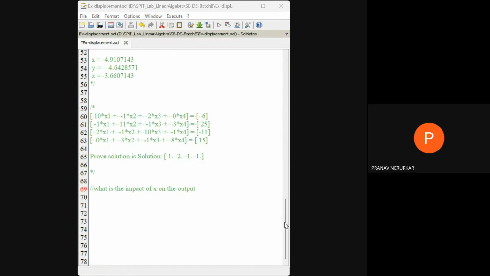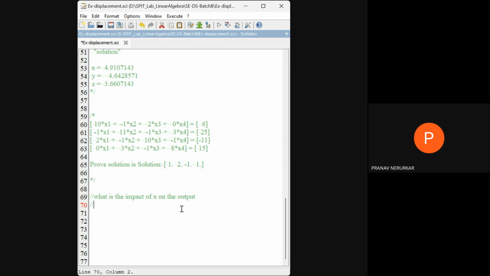So that means you have to increase the quantity of X one at a time, and find out how much the output is changing by keeping everything else constant.